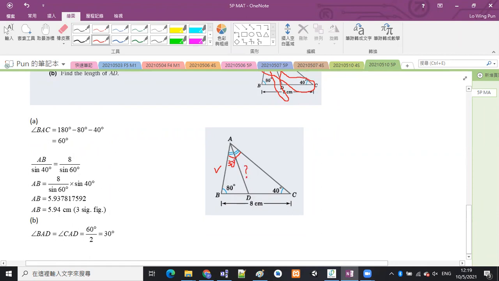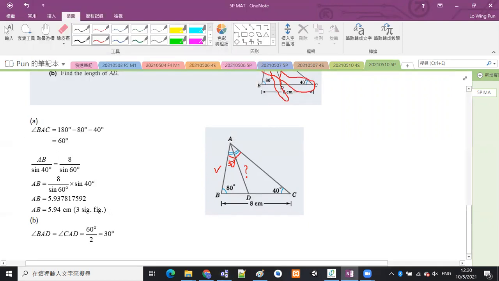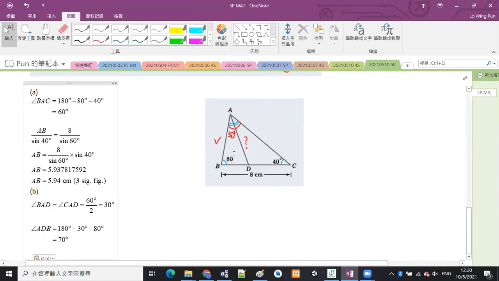Again, in a triangle, if we have found the first angle and the second angle, we are able to find the third angle by using the angle sum of a triangle, right? So angle ADB should be 180 degrees minus 30 degrees minus 80 degrees, and that should be equal to 70 degrees. So we have found this angle to be 70 degrees.